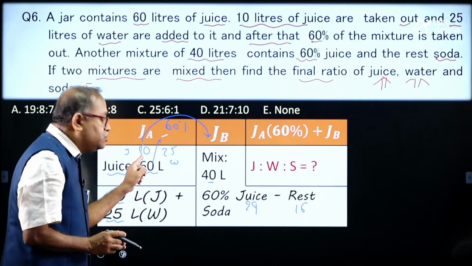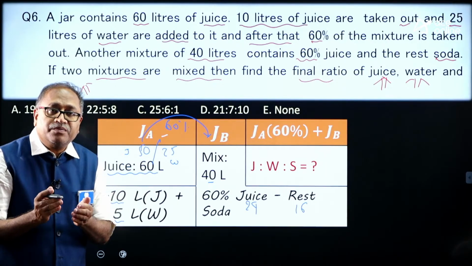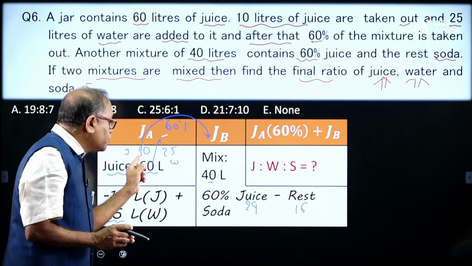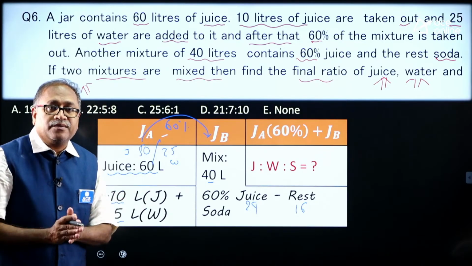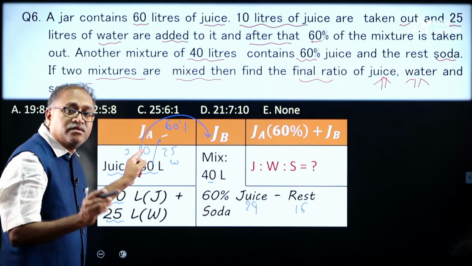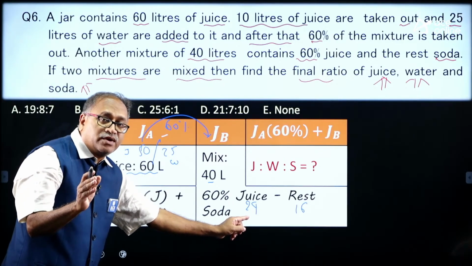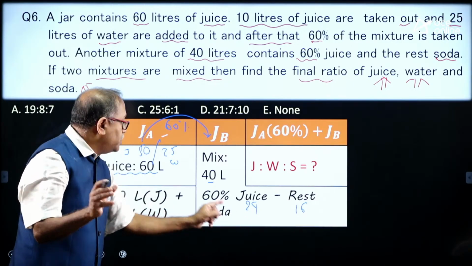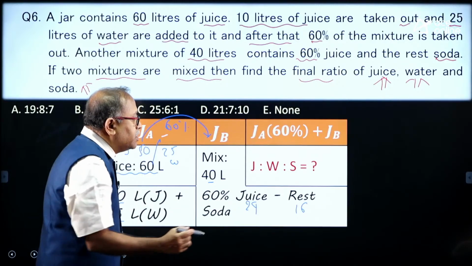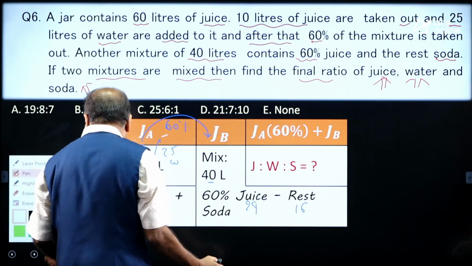That means how much juice is left? 40%. What is 40% of 50 liters? 20. So, here the juice is 20 liters and here the juice is 24 liters. The total juice will be 20 plus 24, and that comes to 44.